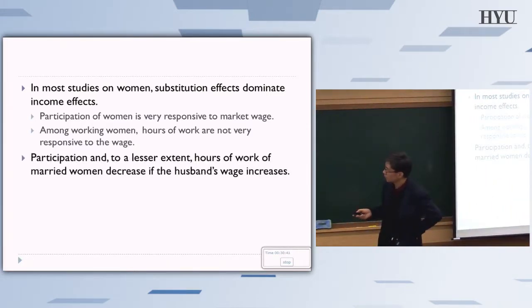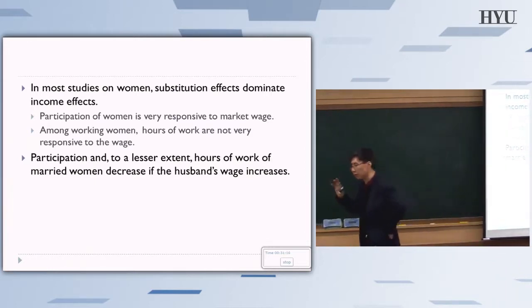And there is a linkage between husband's wage and wife's wage. When the husband's wage goes up, the hours of work of married women tend to decrease. It seems to be the work of what effect? Income effect. It seems to be a work of the income effect, right?